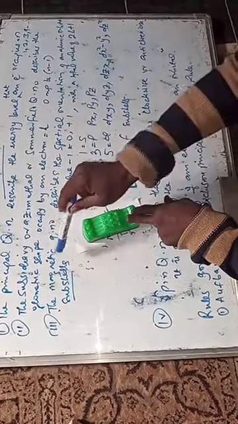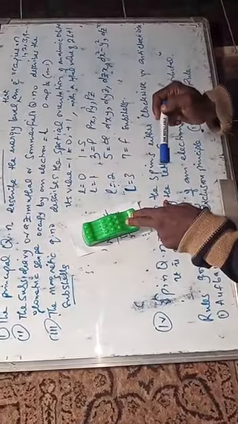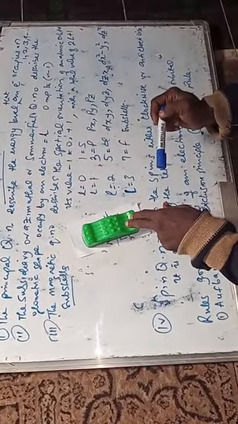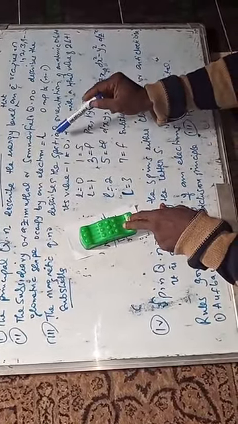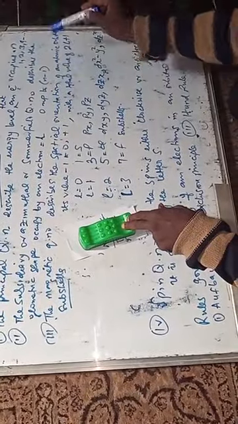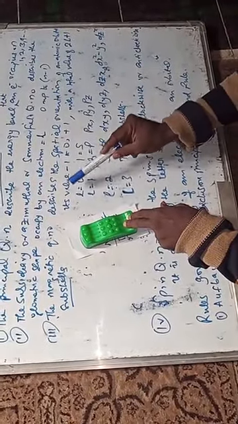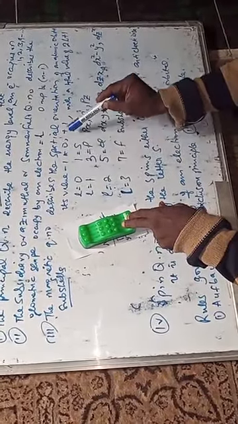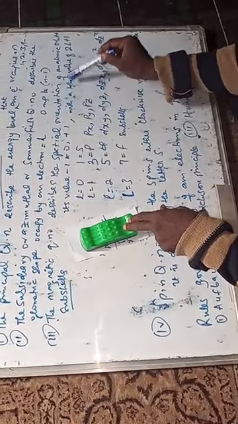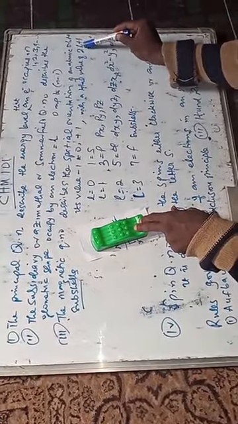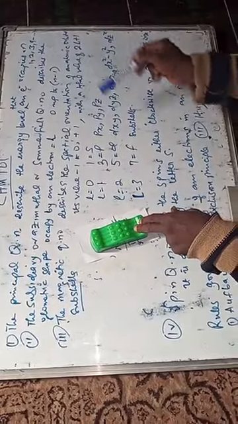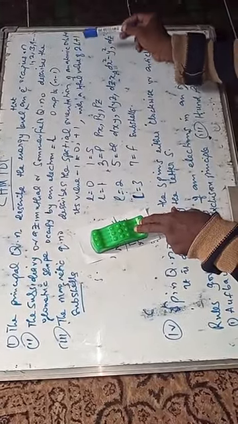Then we move on to the magnetic quantum number. This describes the spatial orientation of an atomic orbital, and its value ranges from -l to +l, with a total value of 2l plus 1. Let us look at it in this format.